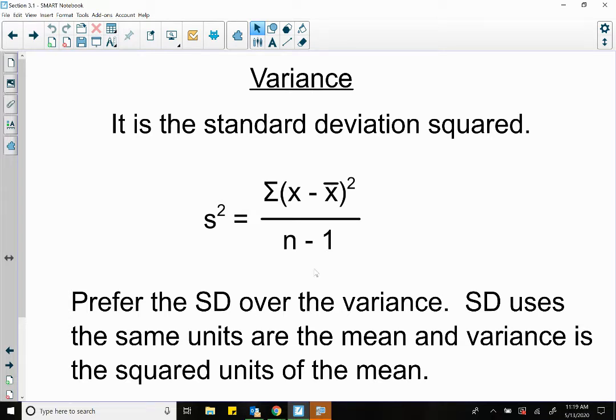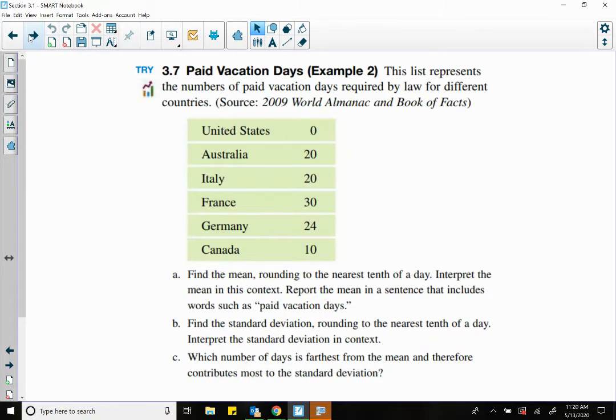So what you're going to see in your assignment is they're just going to be asking you some questions about variance and different things like that. So let's go ahead and start talking about how we find all this information and how we can use our StatCrunch and calculator to our advantage.